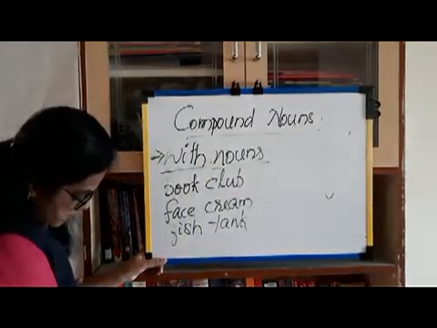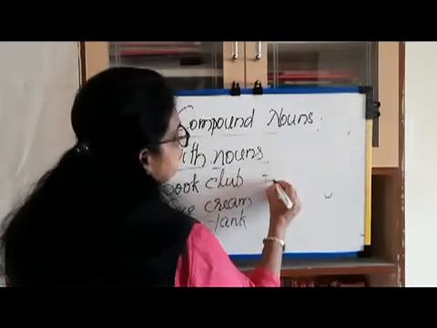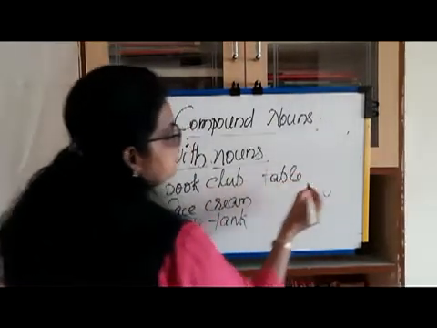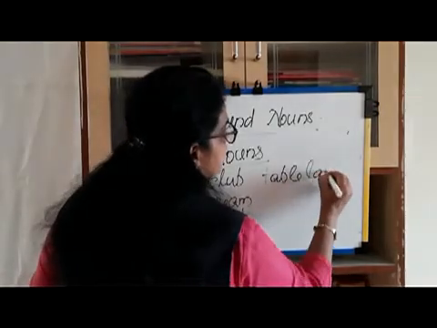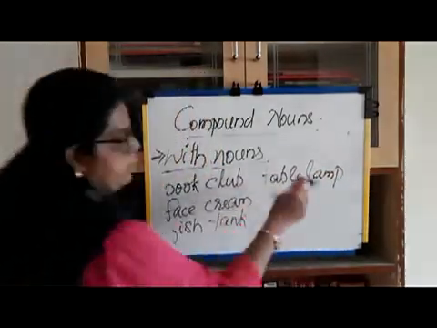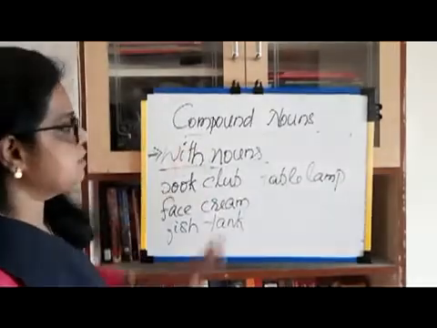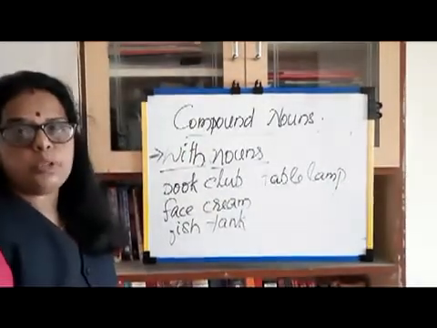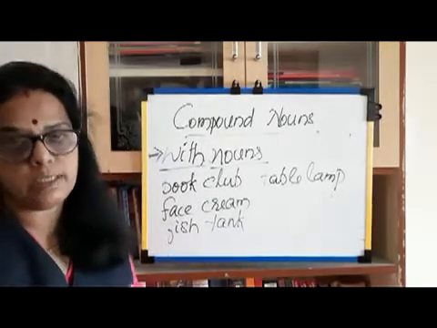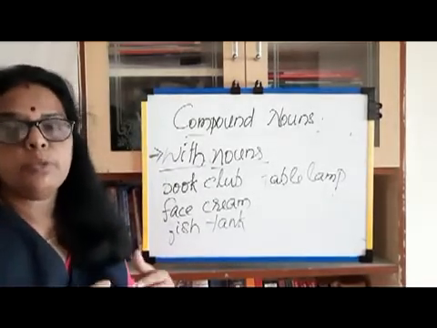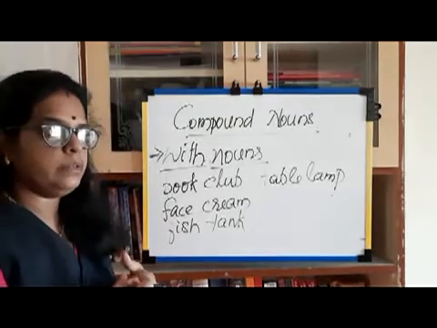Clear? And the last one is table lamp. Table is a noun and lamp is a noun. So we get the compound word table lamp. Clear? These are compound nouns. In compound nouns we join two meaningful words.